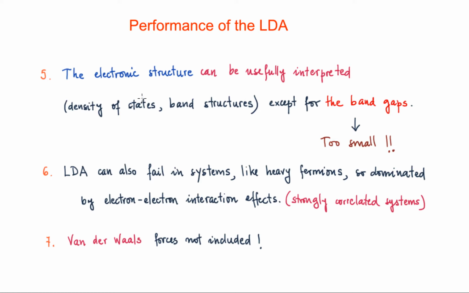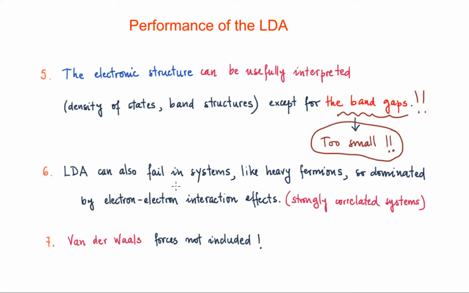The electronic structure calculated within the LDA can be usefully interpreted, in the sense that the density of states and the band structure you get within the LDA are quite nicely comparable with the experimental ones, except for the band gaps, because the band gaps of semiconductors, solids, or insulators are usually too small, so they are not well described within the LDA.